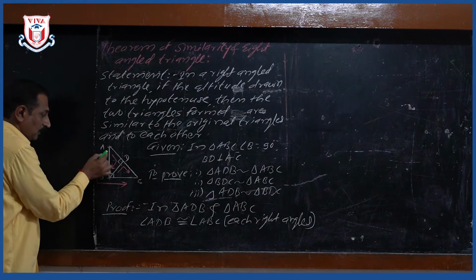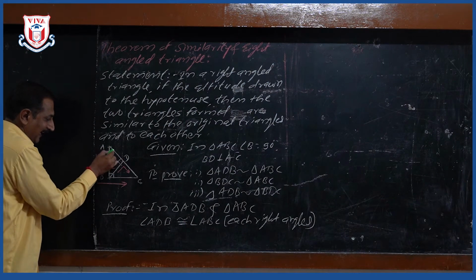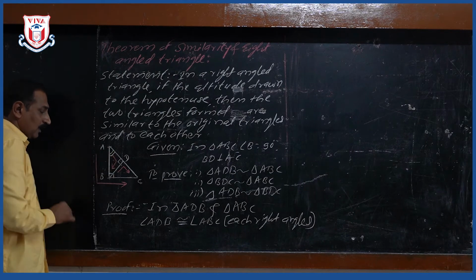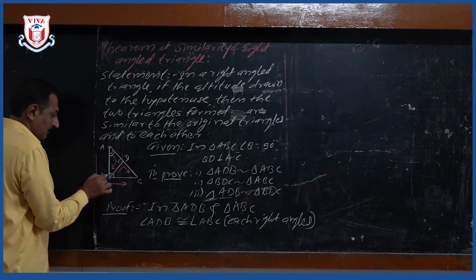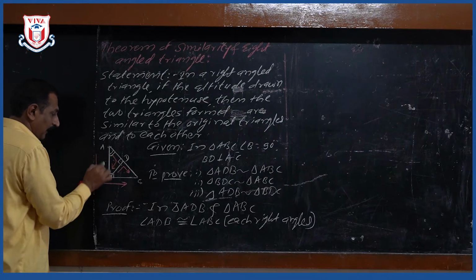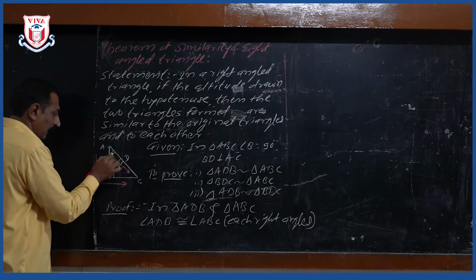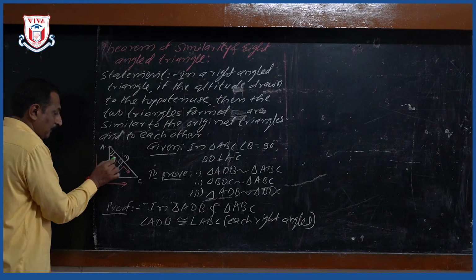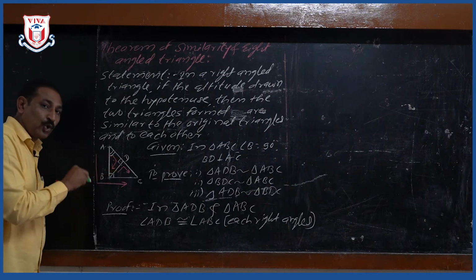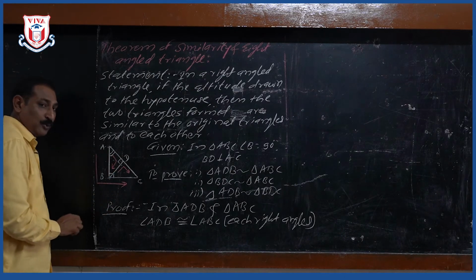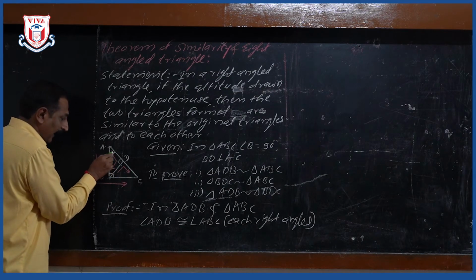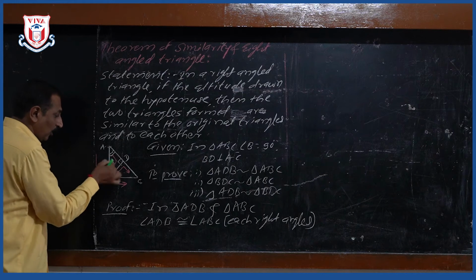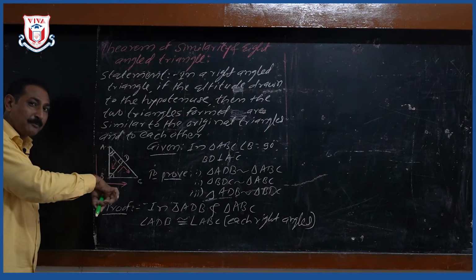Now, in triangle ADB, this angle A is also present in triangle ABC, angle BAC, angle BAD, meaning angle A is common in both triangles. Which are the two triangles? This bigger original triangle has angle A, and again this smaller one also has angle A.